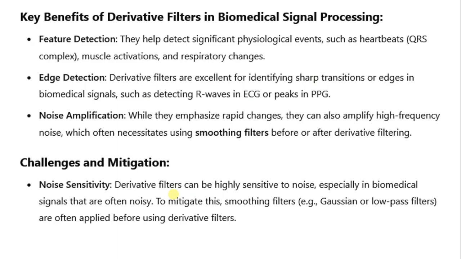Key benefits of the derivative filters: feature detection, edge detection, and in some cases you may have noise amplification. While they emphasize the rapid changes, they can also amplify the high frequency noise, which often necessitates using a smoothing filter.